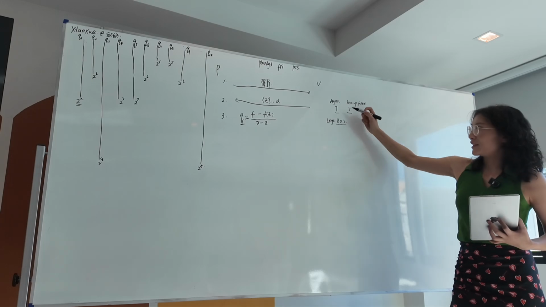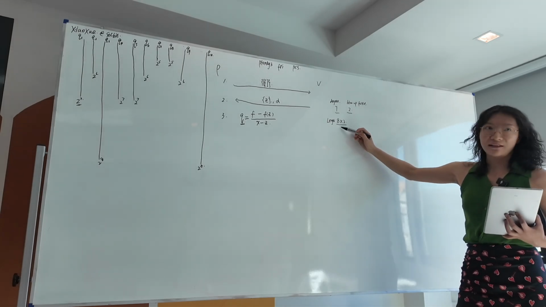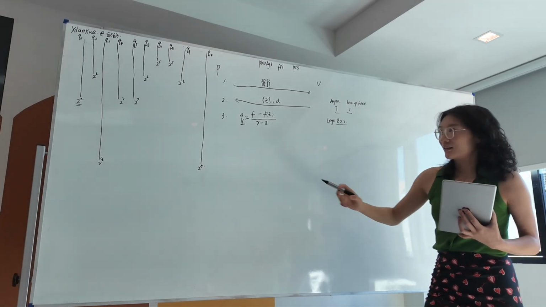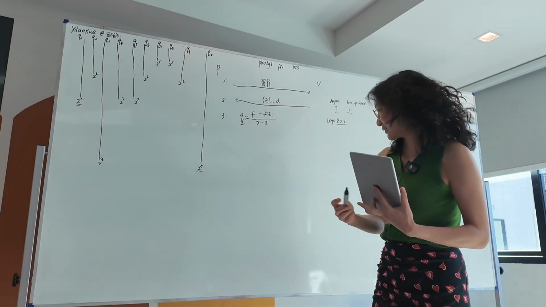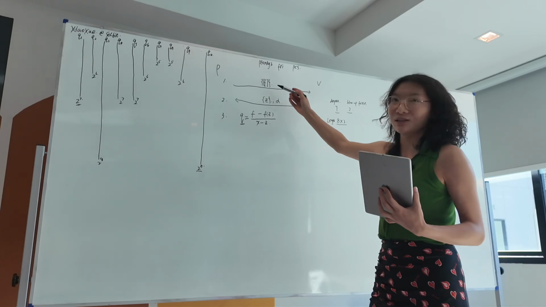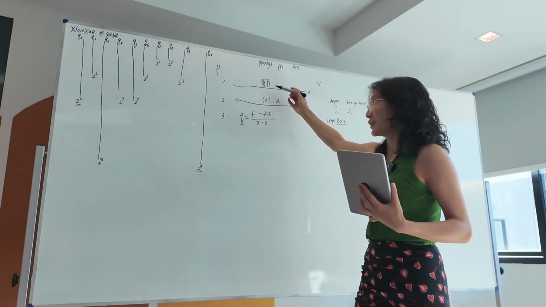So this is the relation between the degree and the length. Here means the length of the quotient polynomial. It is equal to the length of the input polynomial f.